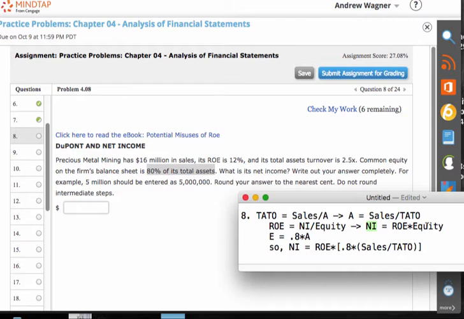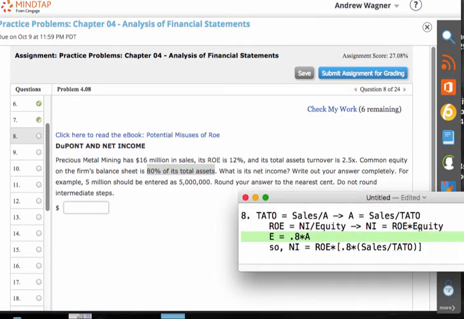So if we knew what total equity was, we could find net income. And we know that equity is 0.8 times assets. So first we solve for assets using the total asset turnover, and then use what's given to us, where it says on the balance sheet equity is 80% of assets, right?